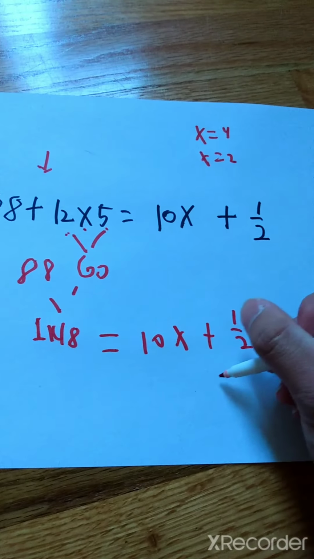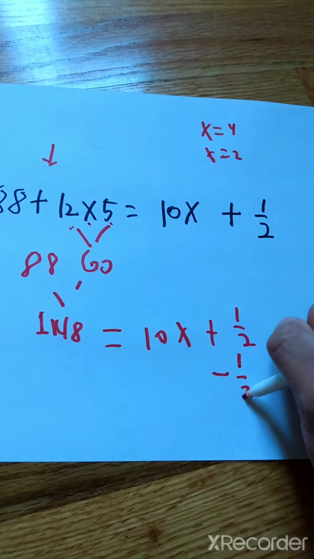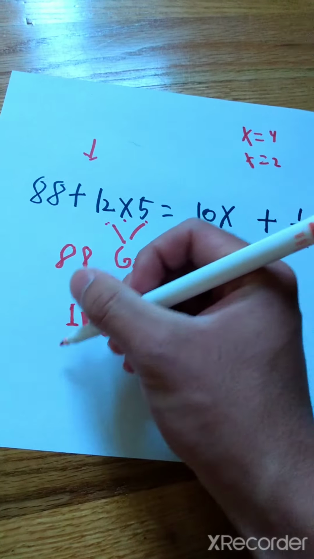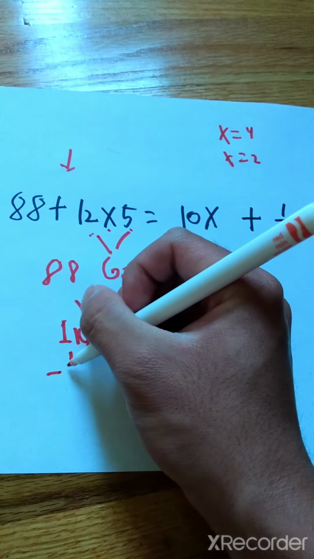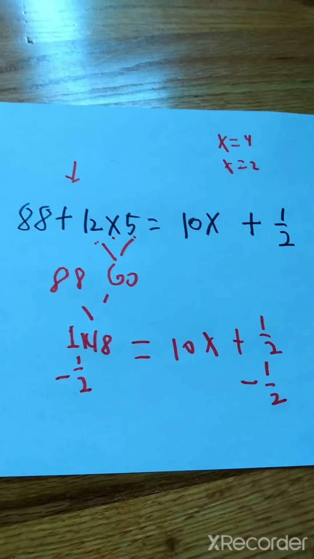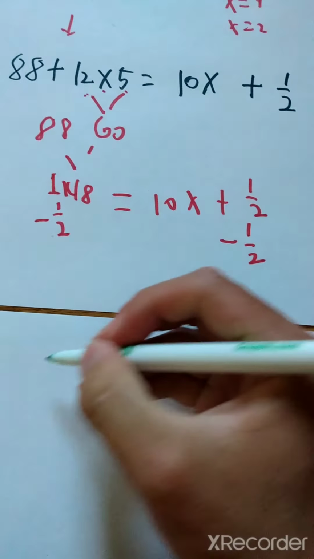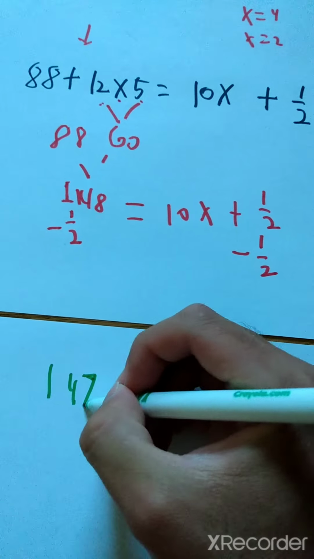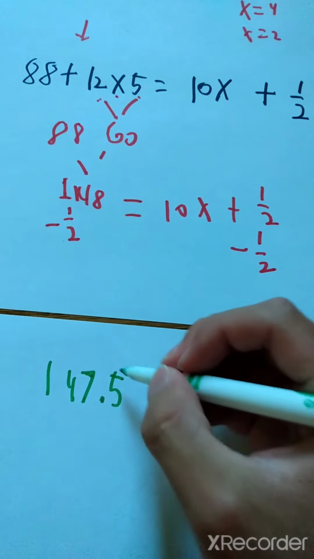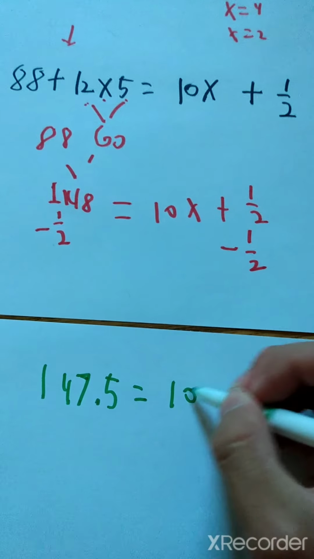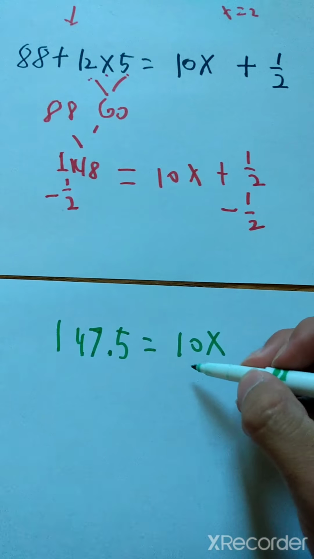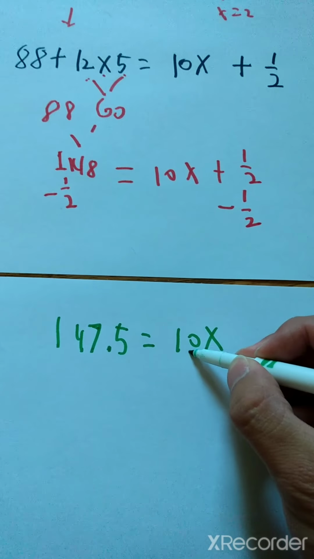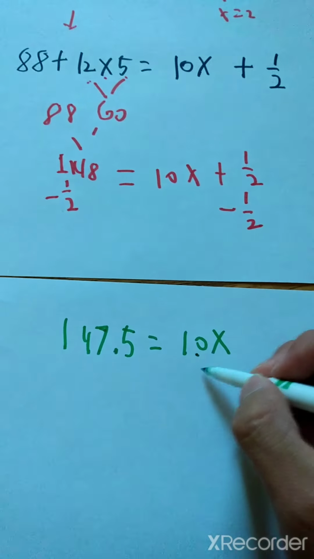So we have to subtract this by 1/2 and subtract this by 1/2 too. When we do that, we're going to get an answer of 147.5 equals 10x.